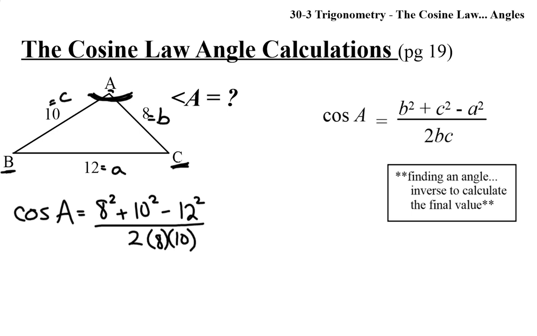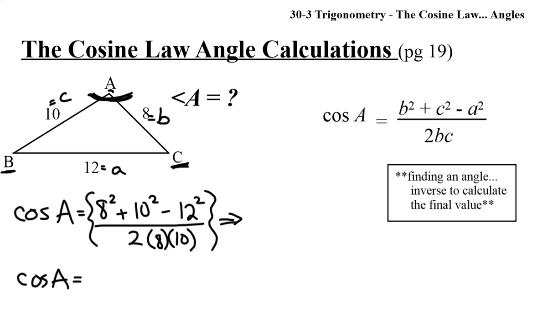So it's simply plugging into the formula, but now we have to be really careful when we solve. This is an awful lot to punch into a calculator. My suggestion: punch it in bits and pieces. Get a value for your numerator, get a value for the denominator, the top and bottom, and then calculate from that.